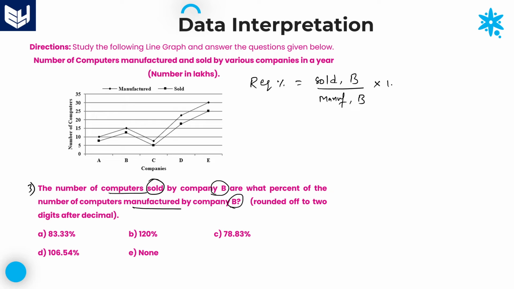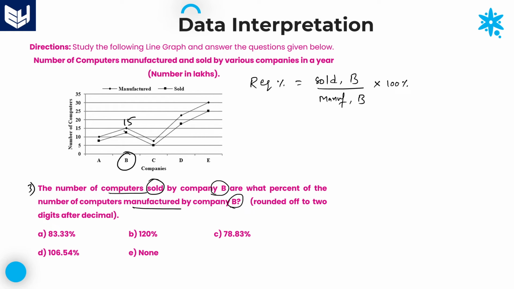Whenever you are calculating the percentage, multiply by 100, percentage symbol. For these kinds of percentages, company B sold what percentage of company B manufactured? So first write down company B's manufactured and sold values.